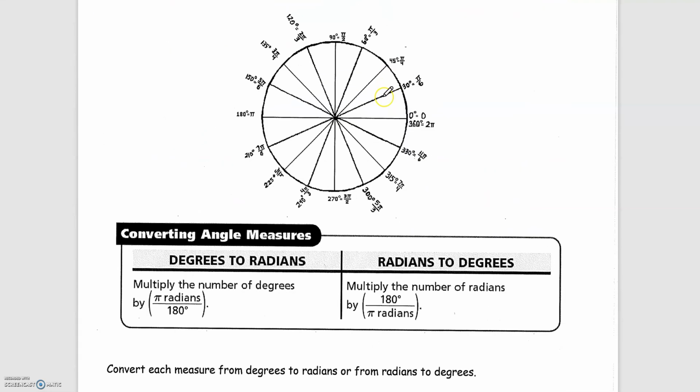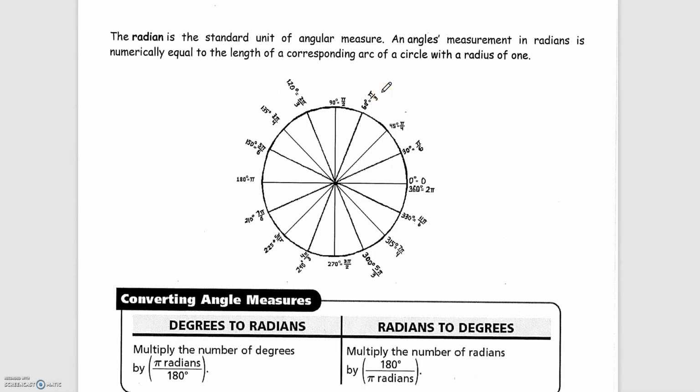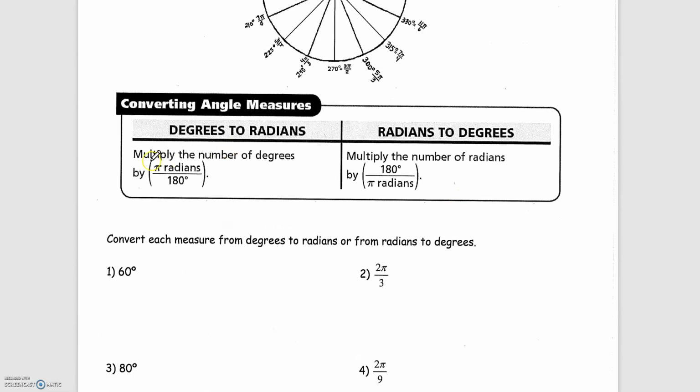The last thing we're going to talk about is how to change from radians to degrees and degrees to radians. A radian is a standard unit of angle measure, and an angle's measurement in radians is numerically equal to the length of a corresponding arc of the circle with a radius of 1. When we want to change into radians, we just multiply by pi over 180.